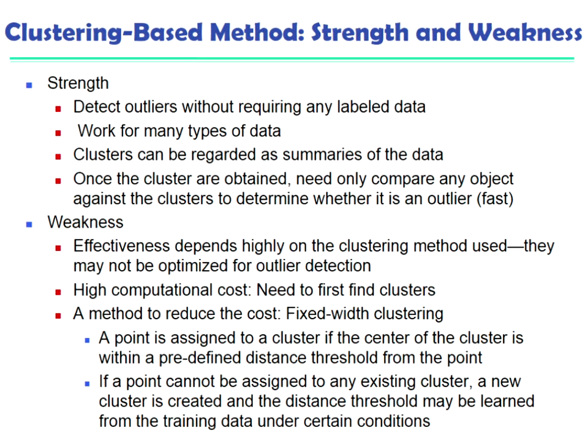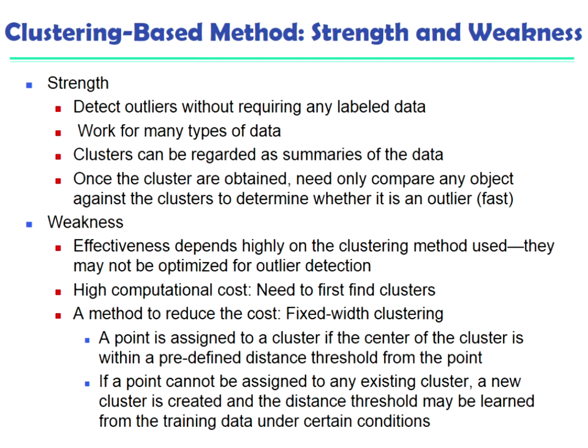Weaknesses: effectiveness depends highly on the clustering method used. They may not be optimized for outlier detection. Also, there is the problem of computational cost. Clustering-based methods have a high computational cost, since they need to first find the clusters.